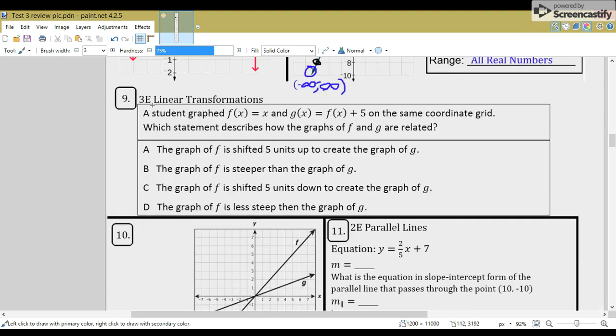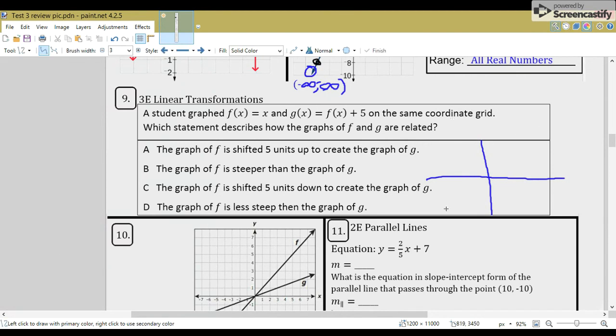Number 9, 3E, linear transformations. A student graphed f of x equals x and g of x equals f of x plus 5 on the same coordinate grid. Which statement describes how the graphs of f and g are related? First we want to sketch a graph of these two functions. f of x equals x is just the parent linear function, and it looks like that.